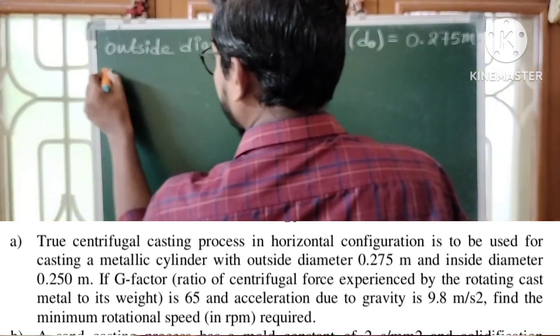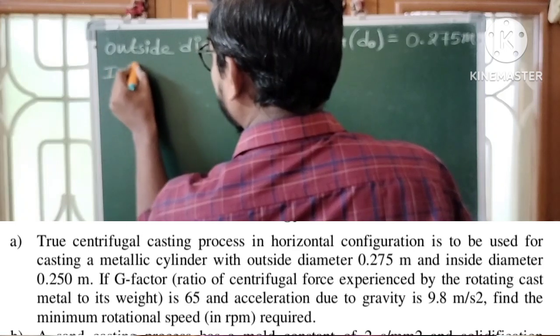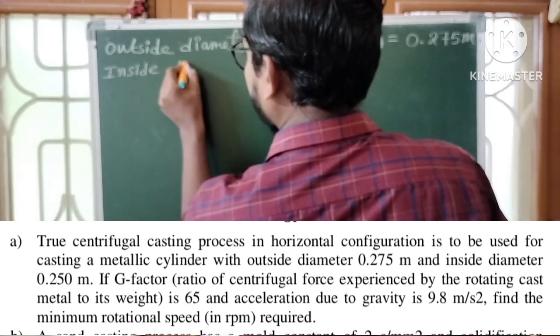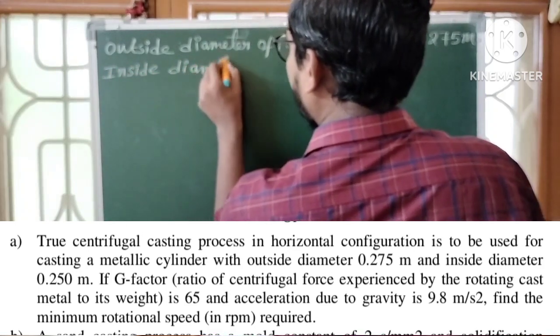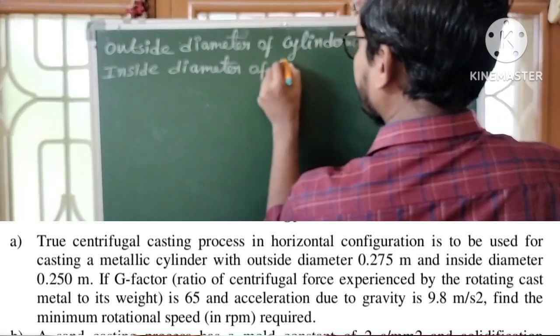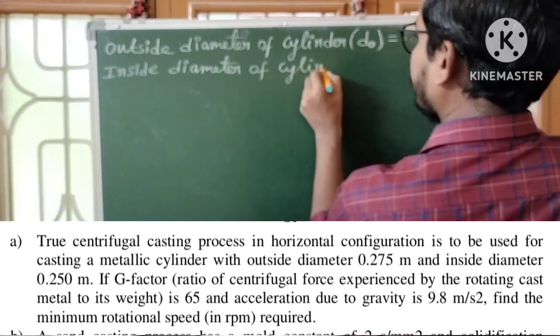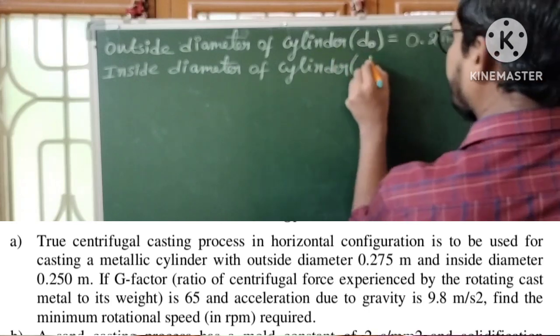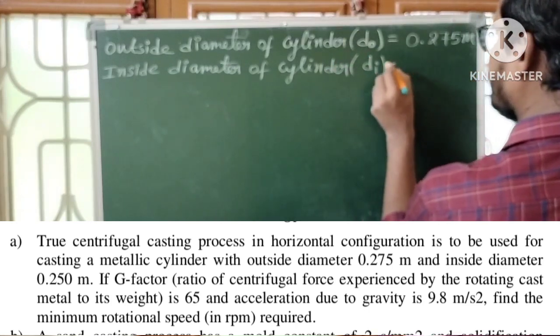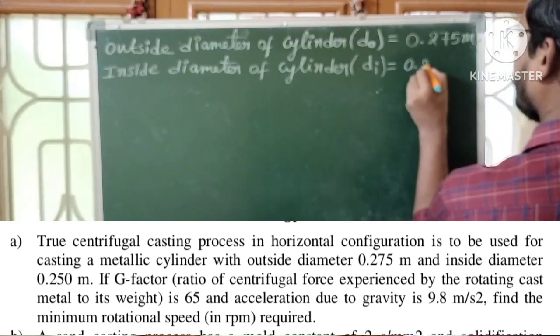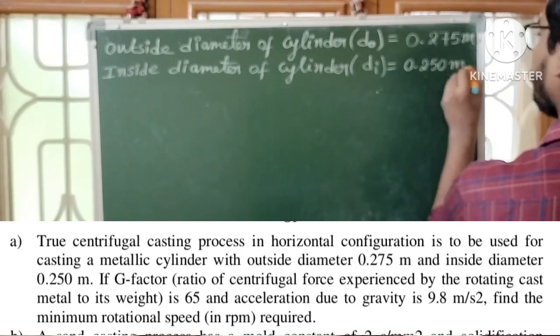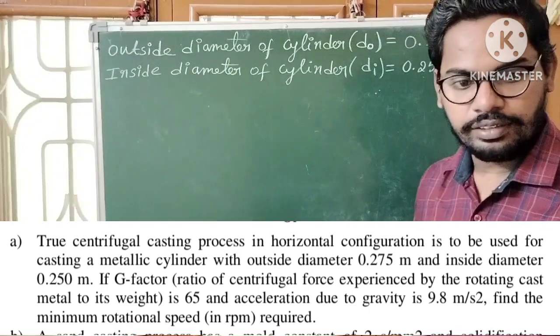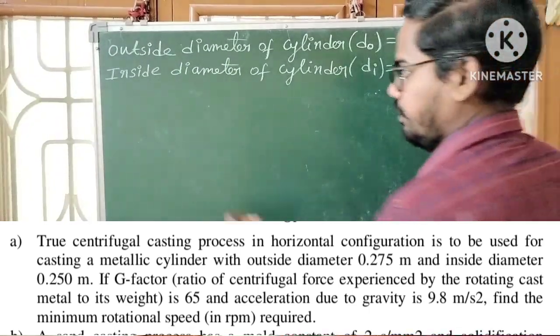Next, the inside diameter of the cylinder, let us say DI. DI is equal to the given 0.250 meters.